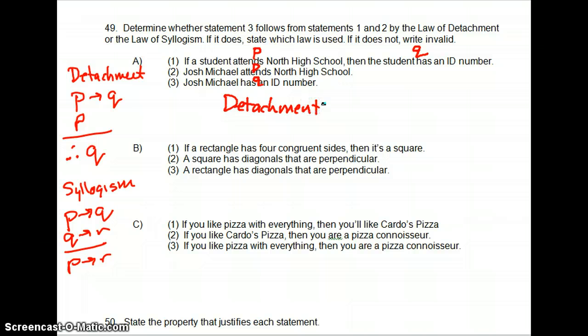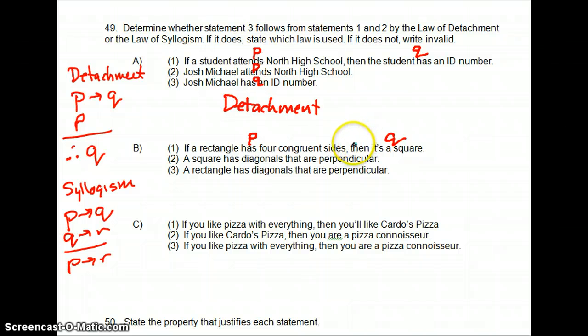Okay. B says if a rectangle has 4 congruent sides, it's a square, so P, Q. A square has diagonals that are perpendicular.